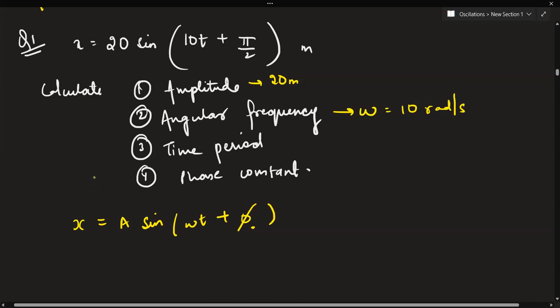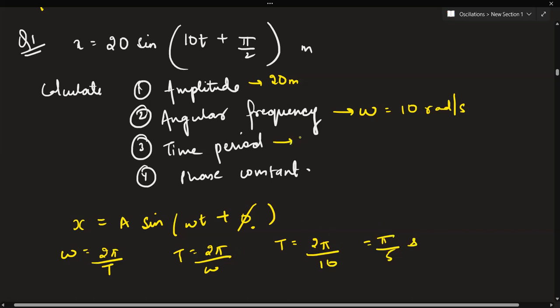Time period: we have a relationship between omega and time period. Omega is 2 pi by T, so time period will be 2 pi divided by omega. So time period will be 2 pi divided by 10, or pi by 5 seconds.